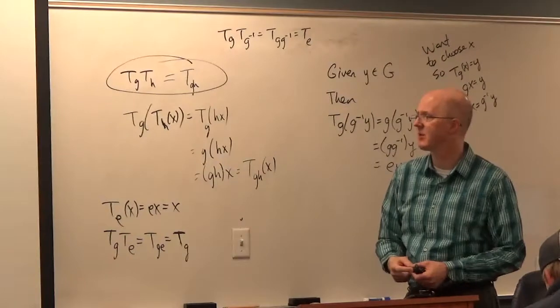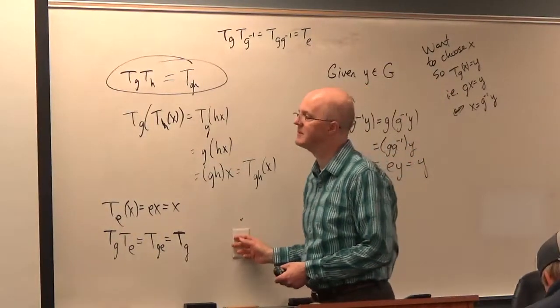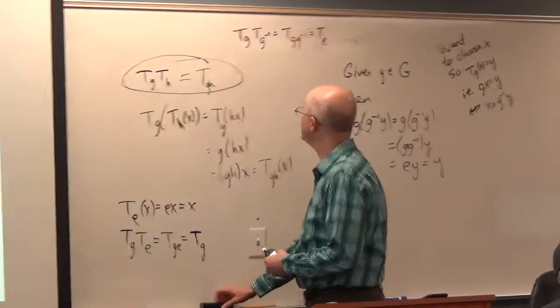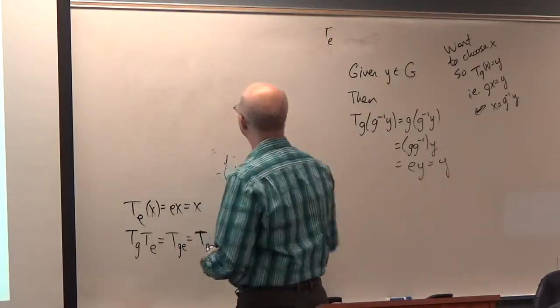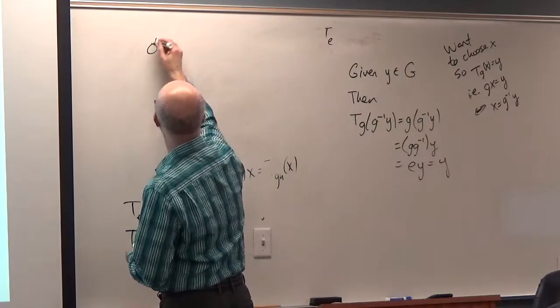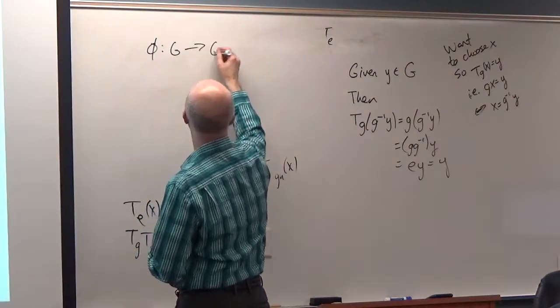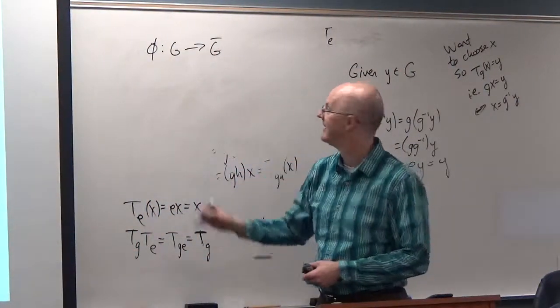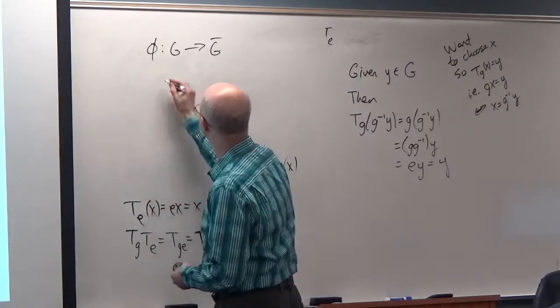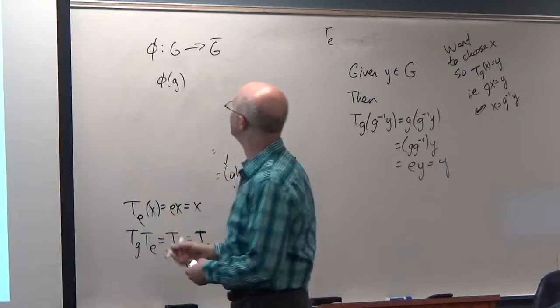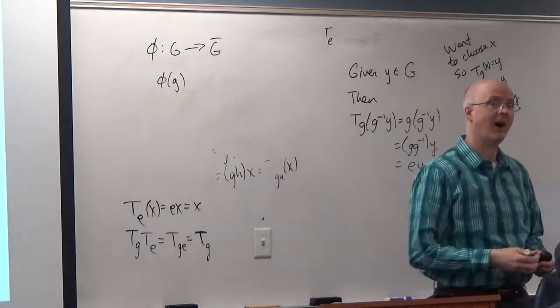But how do you know it's isomorphic to G? What's the isomorphism? You need a map. You need a phi function, right? An isomorphism from G to G bar. Mapping an arbitrary element of capital G onto an element of G bar.